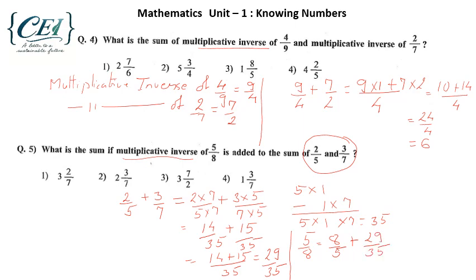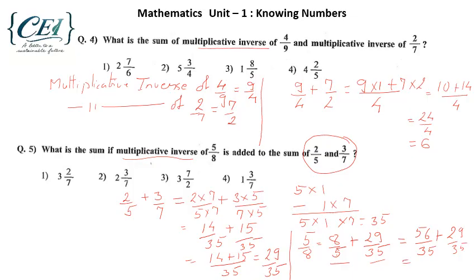You have to make the denominator the same, so 35 is the denominator. To make 35 the denominator, you multiply by 7: 7 eights are 56 upon 7 fives are 35, plus 29 upon 35.